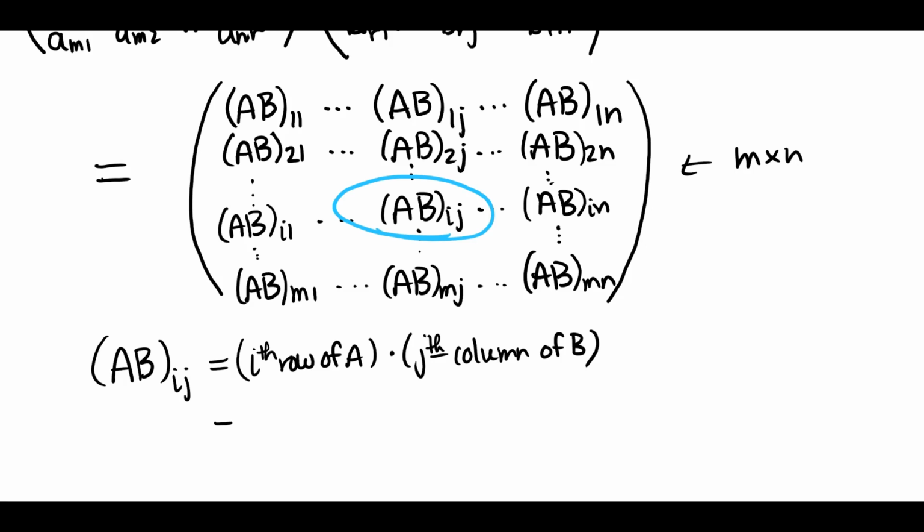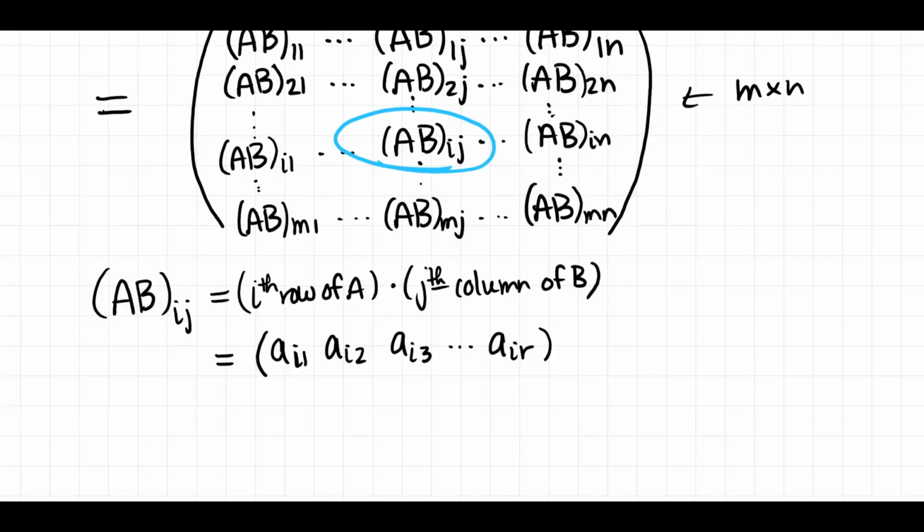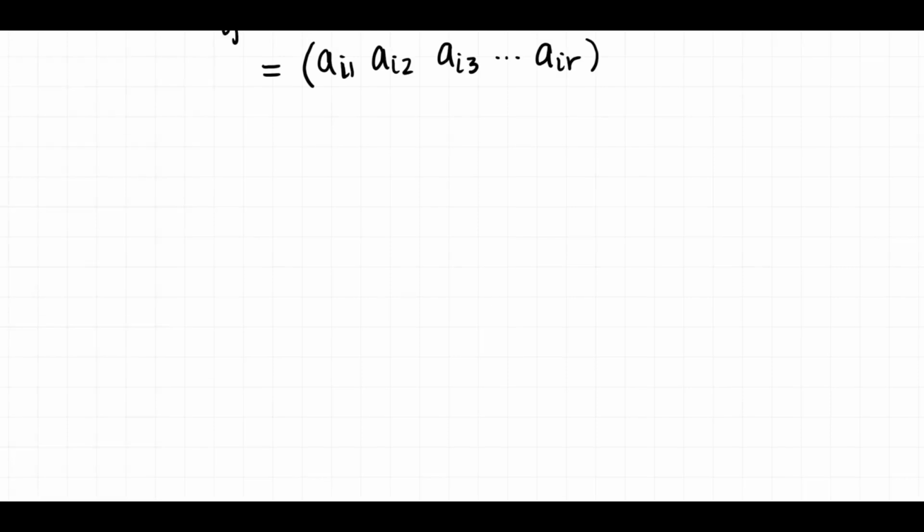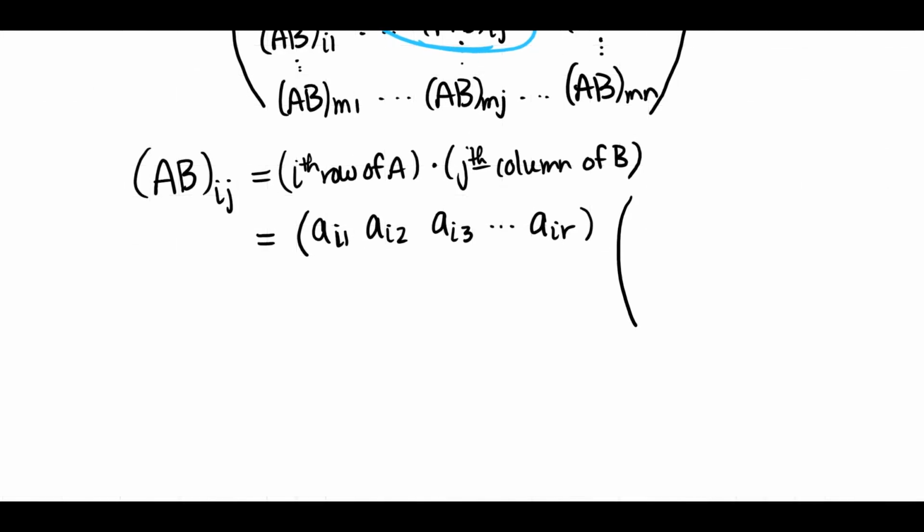So what would this be then? That would be the ith row of A, which is going to be AI1, AI2, AI3. I'm going to write this as a row vector, AIR. Because we know that's how we dot vectors, we've talked about dotting vectors before. That's a row vector dotted with a column vector.